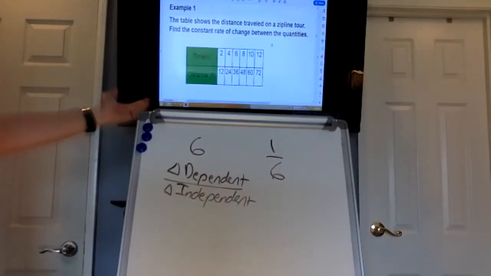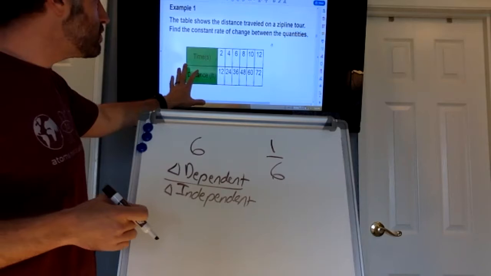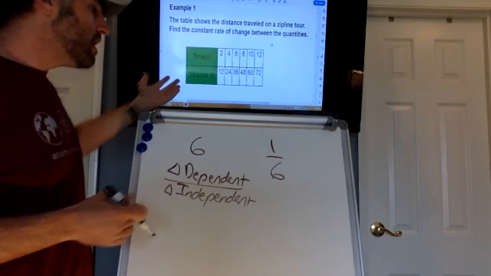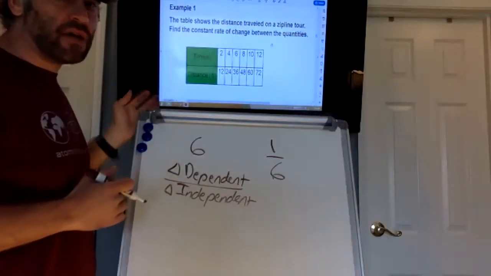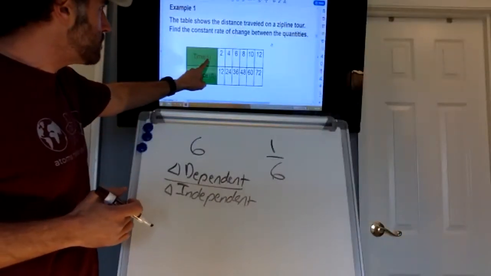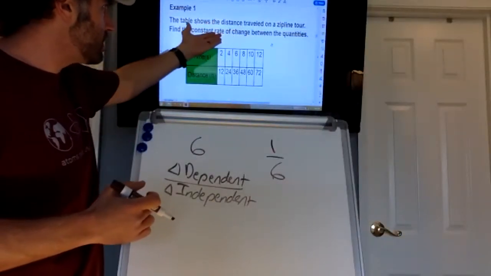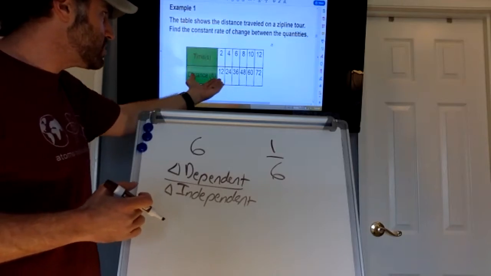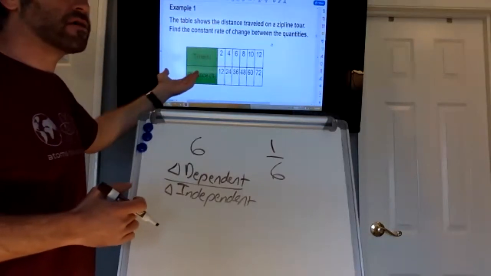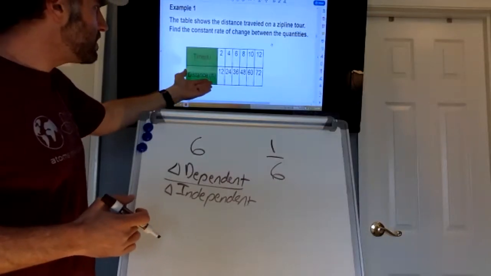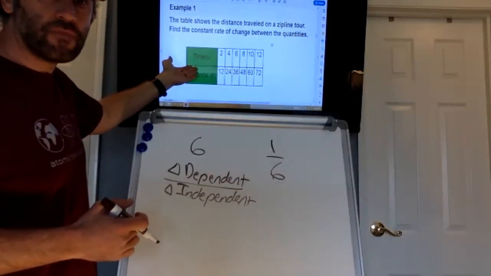Right? So nothing here tells you which one depends on the other. Because it doesn't, you can make an argument that the time it takes to travel on a zip line depends on the distance you want to travel. I can also say the distance I travel depends on how much time I travel for.